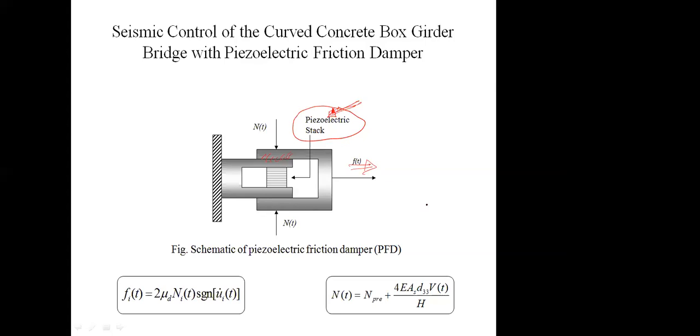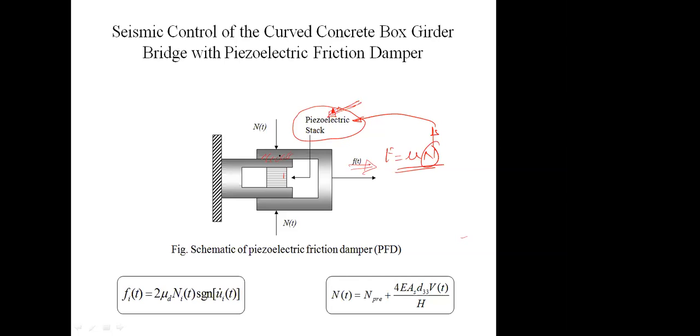We know the frictional force F is equal to mu into N, where mu is the coefficient of friction. F equals mu N is the general form we use in engineering. The same thing is here. This normal force we are actually managing by using the piezoelectric stack. We provide some voltage difference in the piezoelectric stack so that it will swell or shrink.